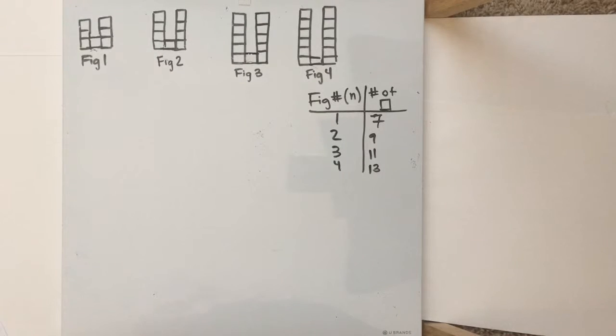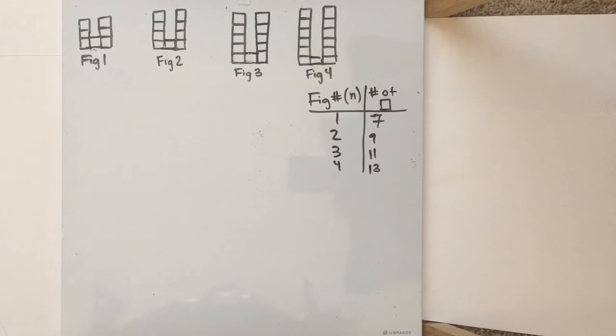So a great idea is to always make a table if you have a hard time seeing a pattern between the figure number and the number of squares. So that's what I did down here. We have figure number, which I'm going to label as n through both equations.